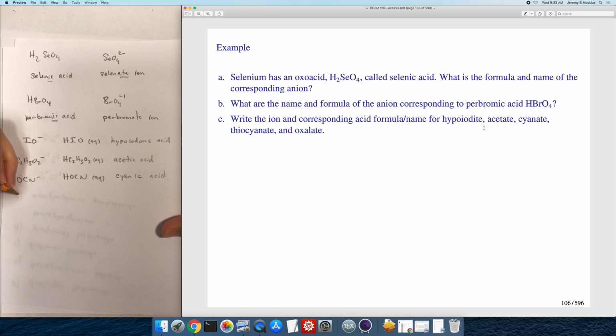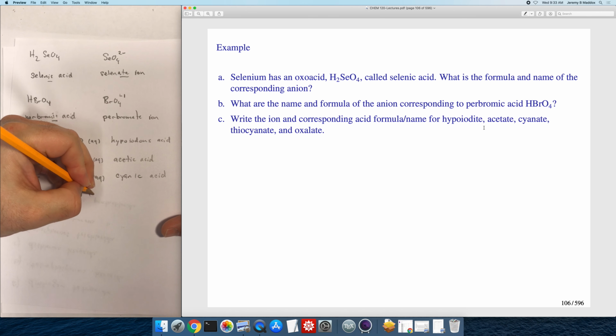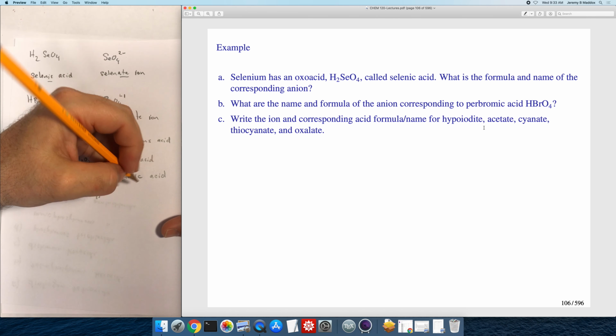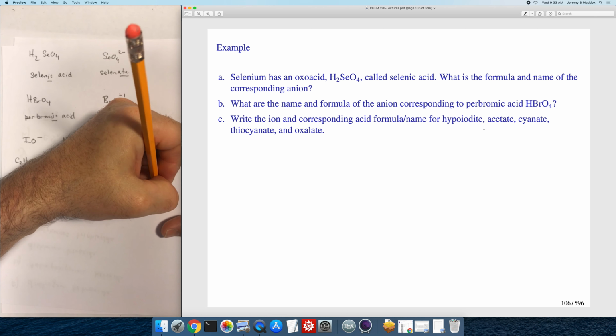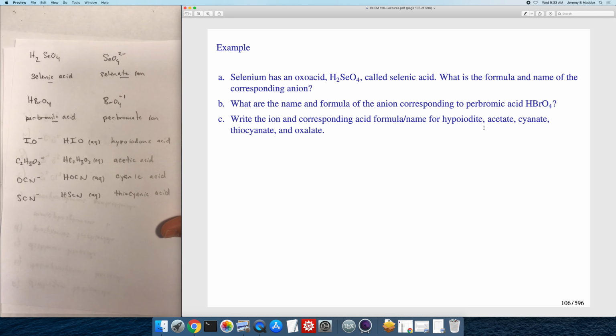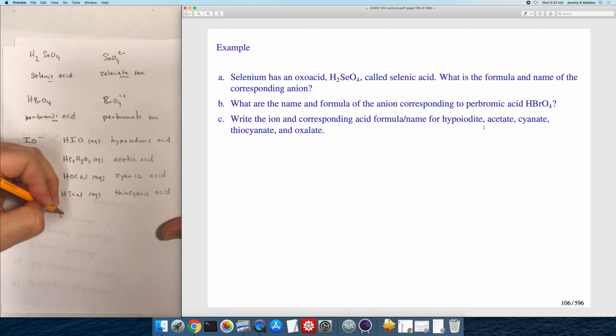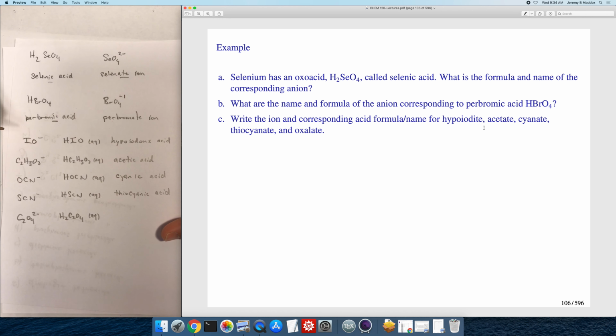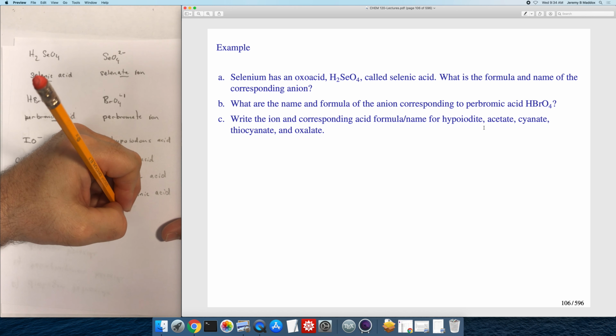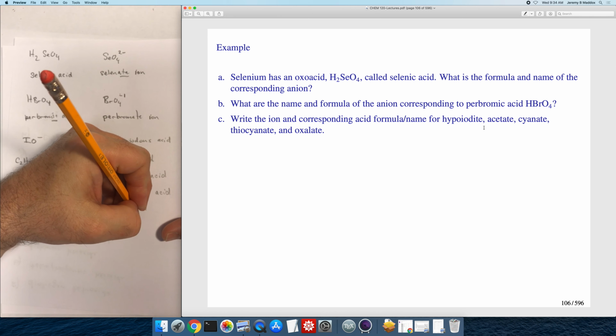The thiocyanate ion is SCN-. Add a proton, and then we would have thiocyanic acid. Oxalate, C2O4 2-, add 2 protons to this one to make it neutral, and this would be oxalic acid.